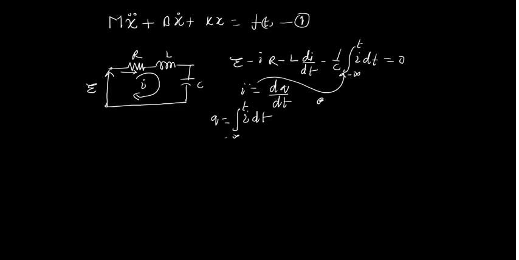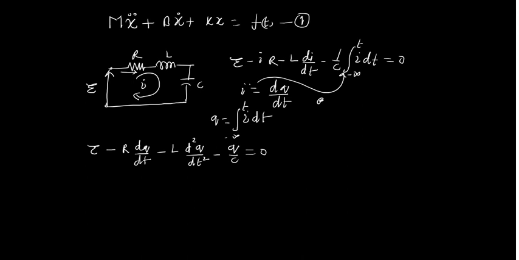So what we are getting, can you see that it is back EMF e, then minus R dq over dt, then minus L d2q over dt square, then minus q by C equal to 0.